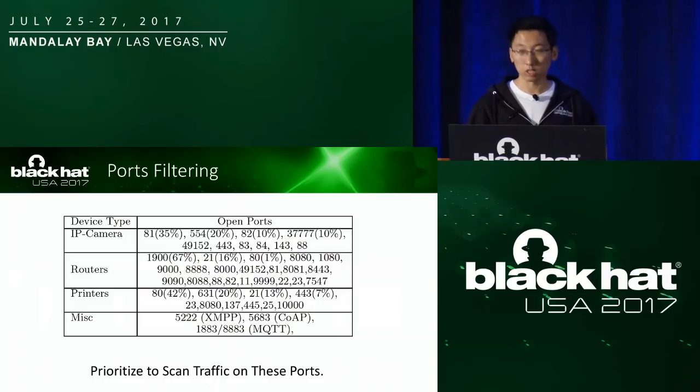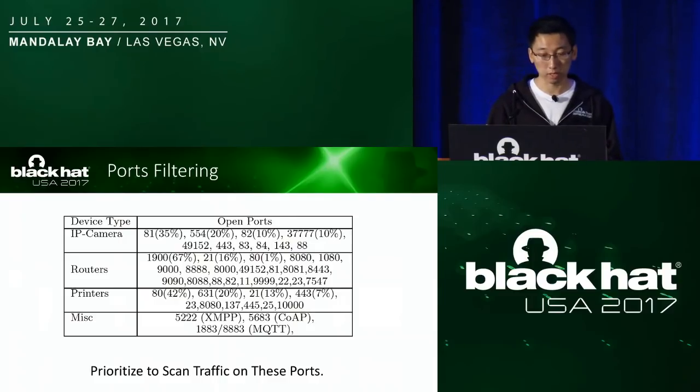And nearly every IoT device that provides remote management through an embedded web server usually exposes ports like 80, 8080, and 8081. We also monitor and scan the ports used by protocols heavily used by IoT devices, including XMPP, CoAP, and MQTT. So here is the list of ports that we identified from our analysis and also public surveys. And we prioritize scanning the traffic on those ports first.